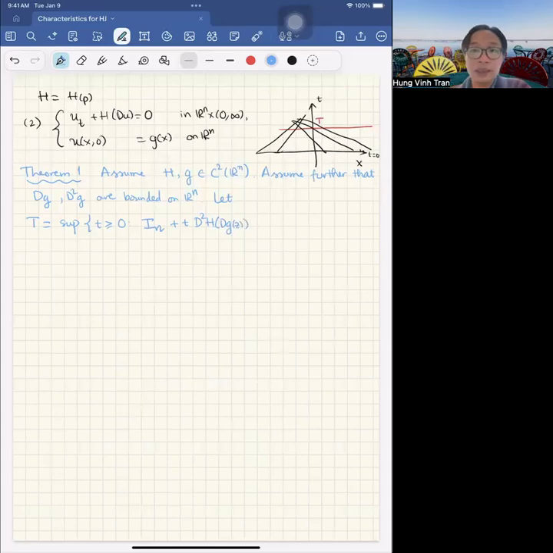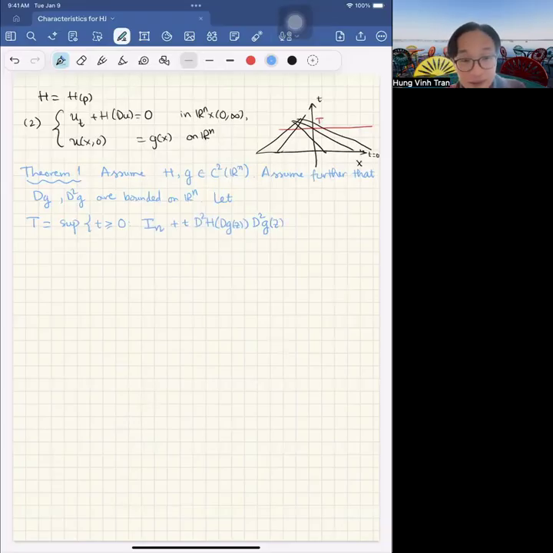This is the Hessian of H, which is a square matrix of size n times n. I multiply with a matrix also of size n times n, D squared G. So I_n is a square matrix of size n, and t is a scalar, multiplied with a square matrix of size n.